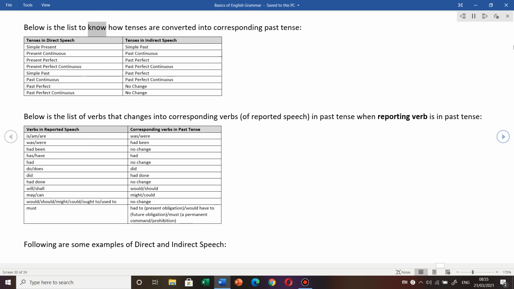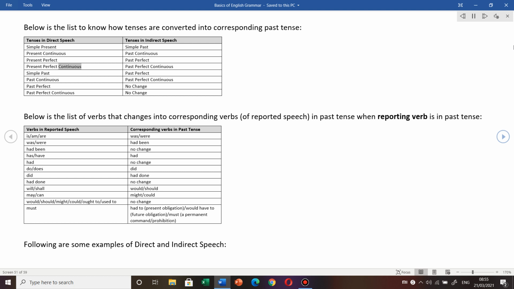Below is the list to know how tenses are converted into corresponding past tense. Tenses in direct speech, tenses in indirect speech. Simple present, simple past. Present continuous, past continuous. Present perfect, past perfect.